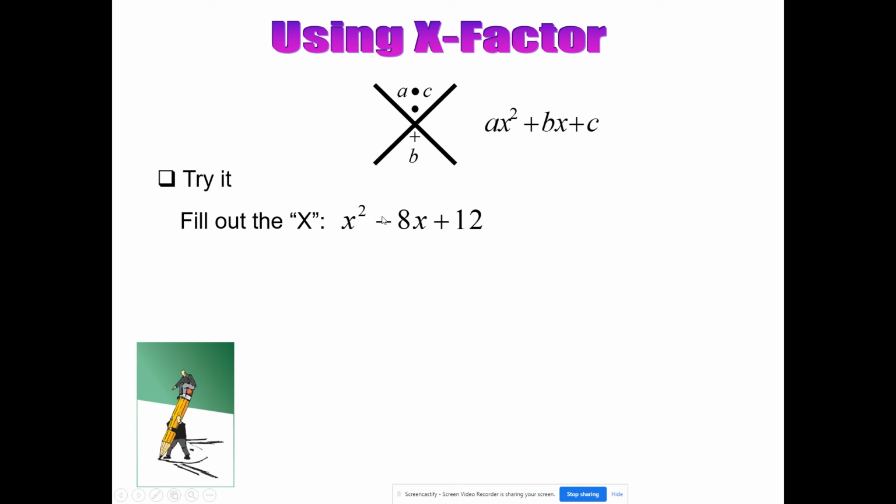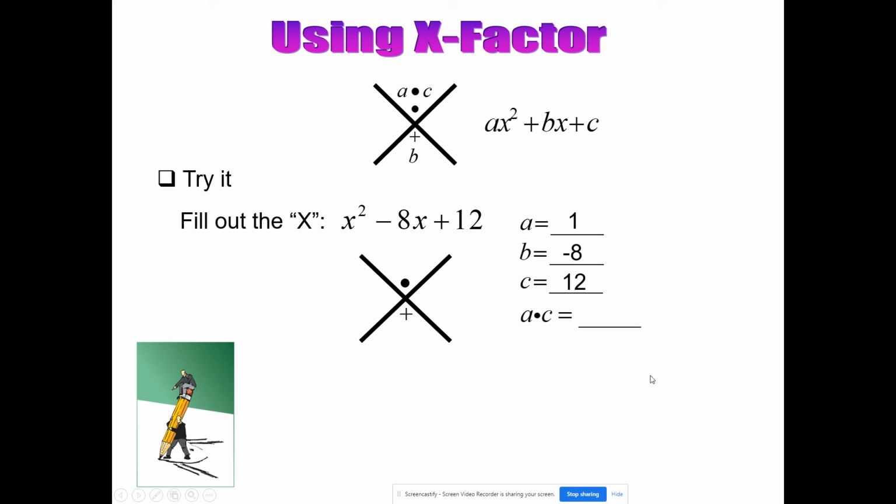All right, so I want you guys to try this one. So you want to first identify A, B, and C. A is 1, B is -8, C is 12. Okay, so multiply A times C to get the top number.